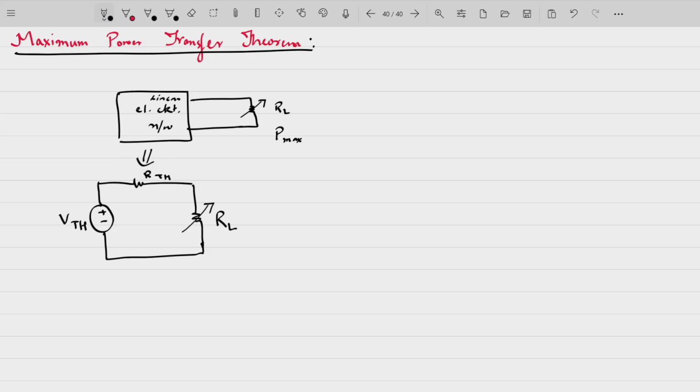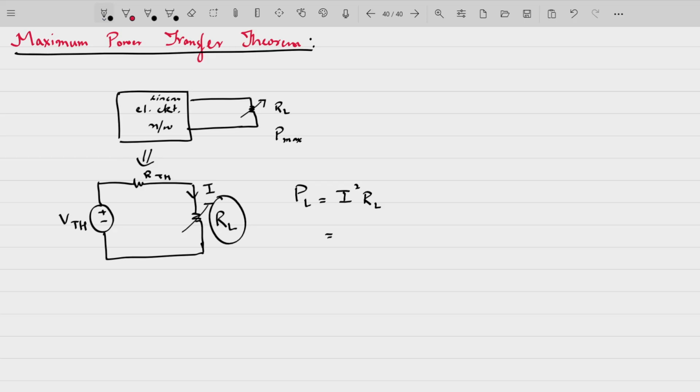You have this linear electrical circuit network, take its Thevenin's equivalent. So it reduces down to this simple circuit. Now what will be the power that is being delivered to load RL? So power consumed by the load, PL, is equal to I square into RL.